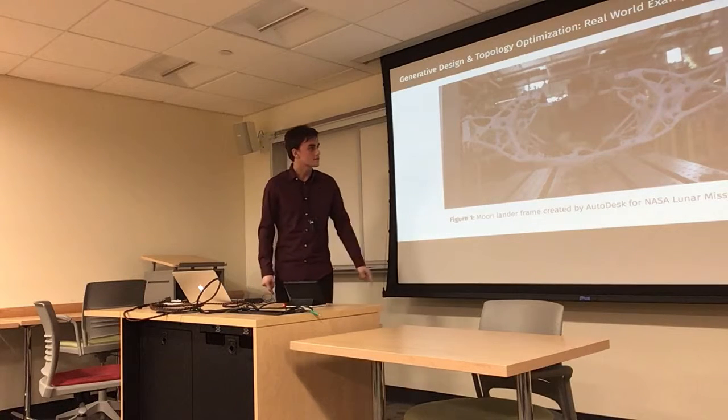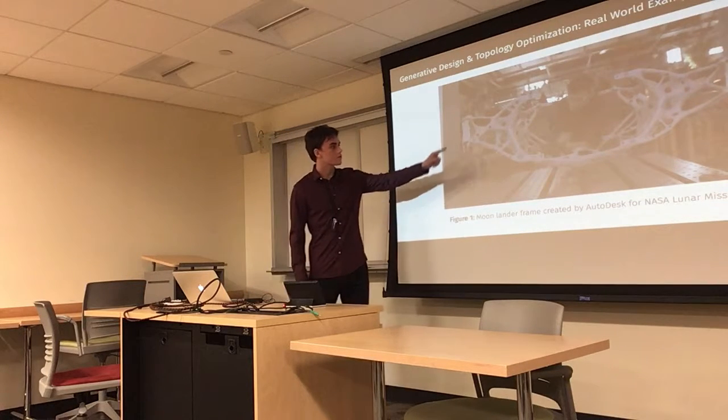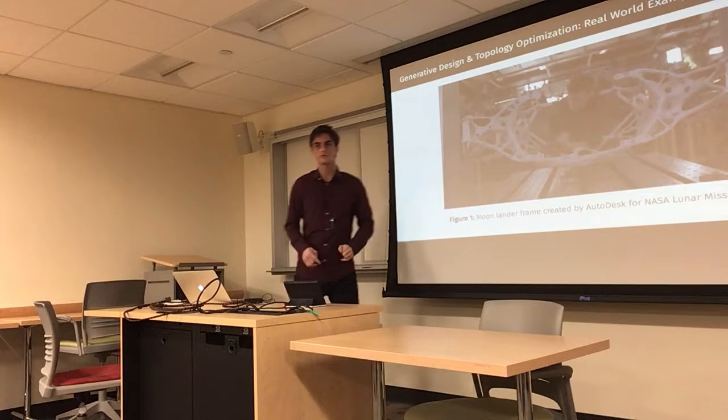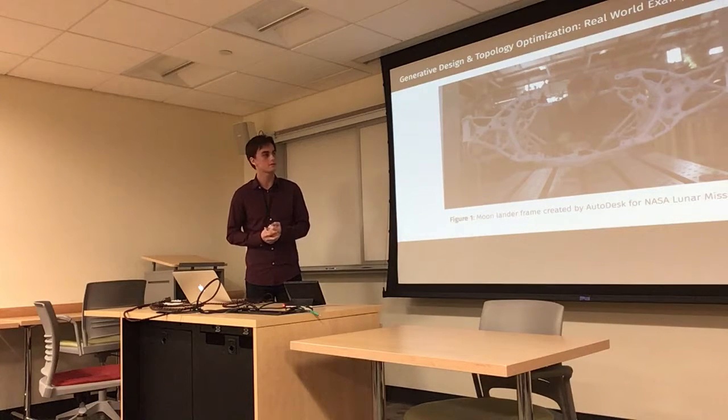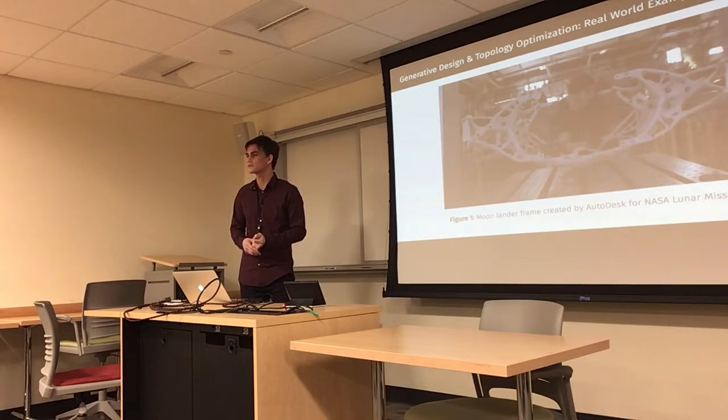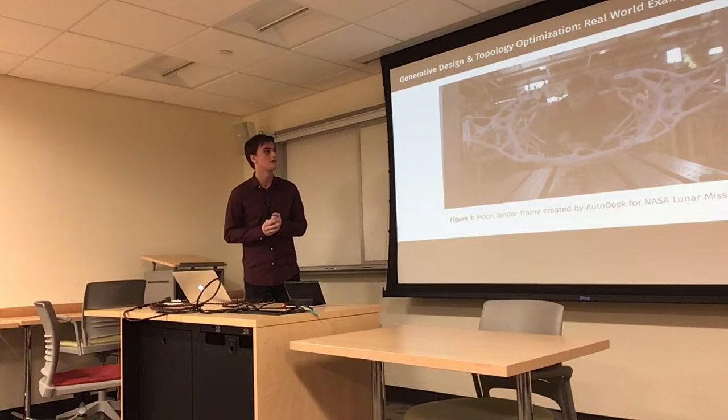So you can notice that this design has all these organic looking holes that ultimately help reduce the mass by about 30% of volume fraction. By making this 30% lighter, we ultimately save nearly $600,000 because it takes about $5,000 to send up a pound up into space. So this is really cool stuff.